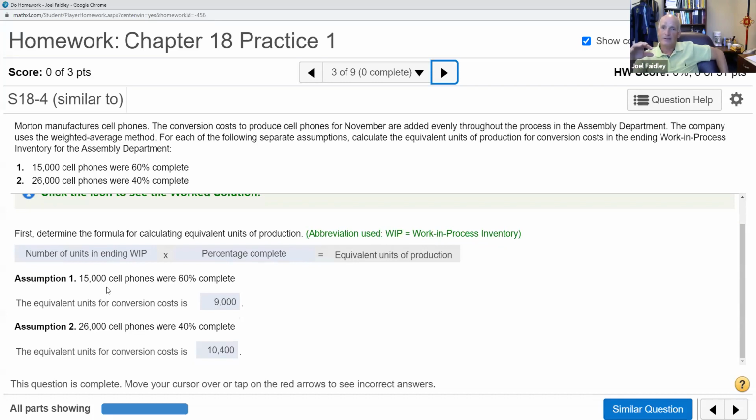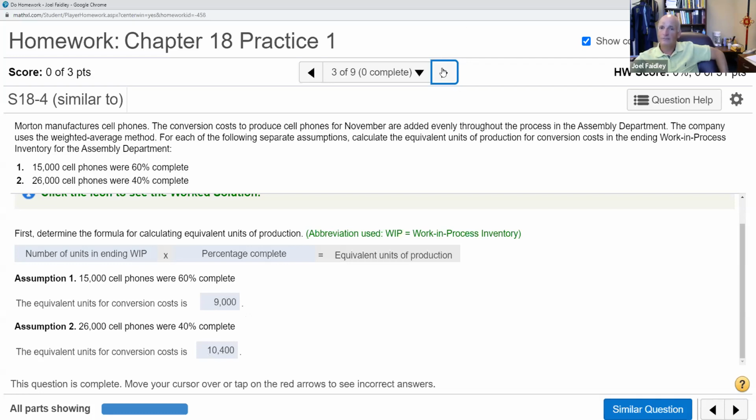So that says I've got 60% of my labor and overhead has been put toward refurbishing these phones, but I still got 40% more before they're done. So in reality, I only have 9,000 equivalent units. And again, that's just an accounting term that we have to use to cost our product. What about these 26,000 cell phones, 40%, 10,400?